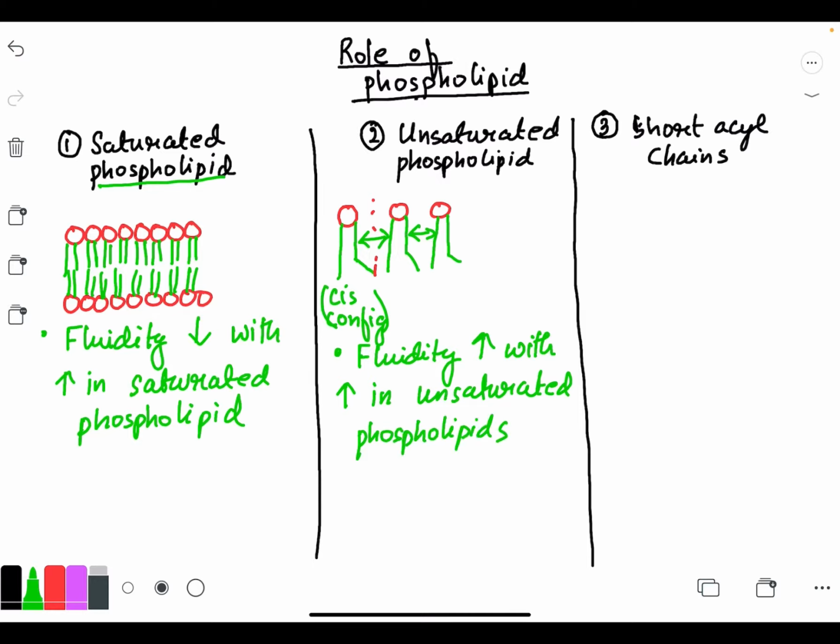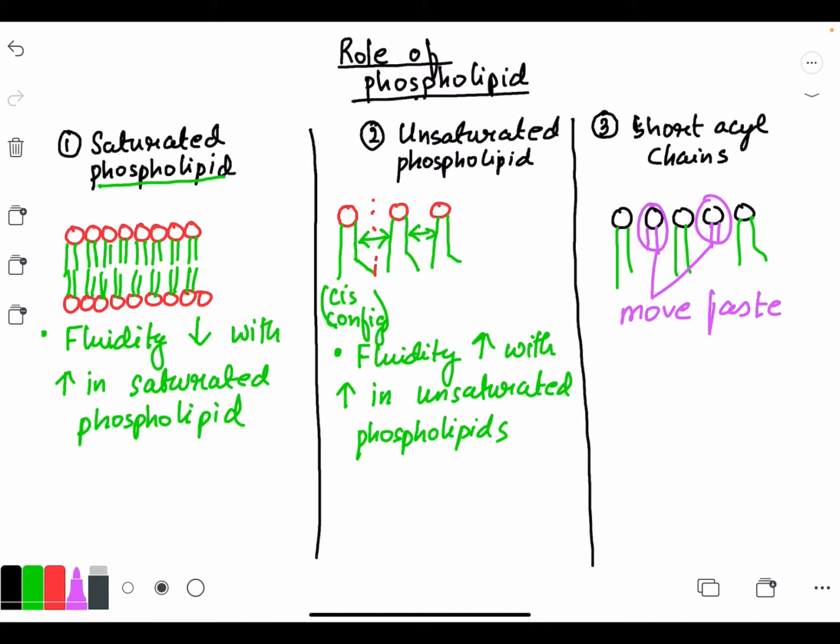And lastly, short acyl chains. So suppose this is the bilayer again, right? And some of them have very short acyl chains. So these phospholipid molecules with short acyl chains will be able to move faster, right? Because they are short, their weight is also less, right?